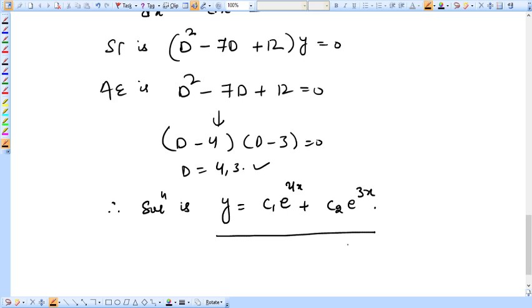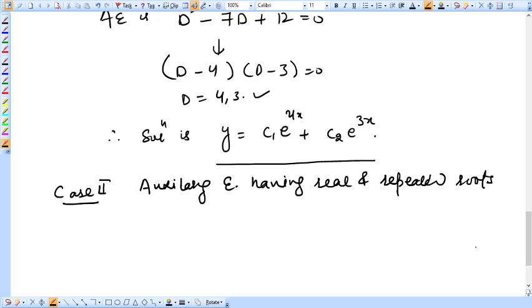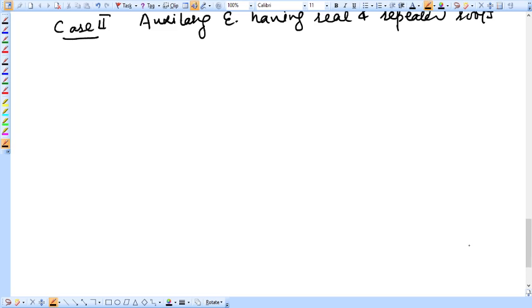Now, next, case 2: the auxiliary equation having real and repeated roots.